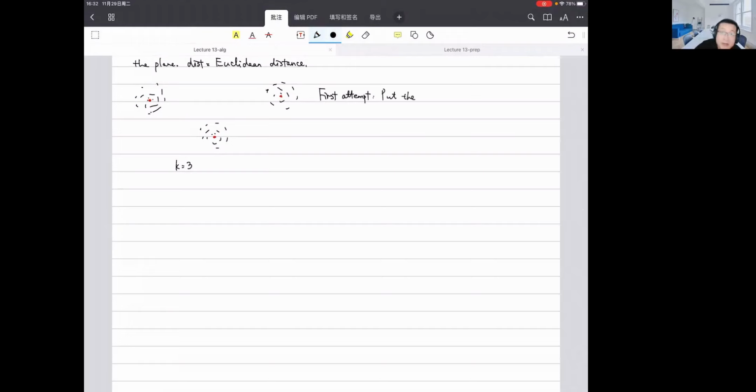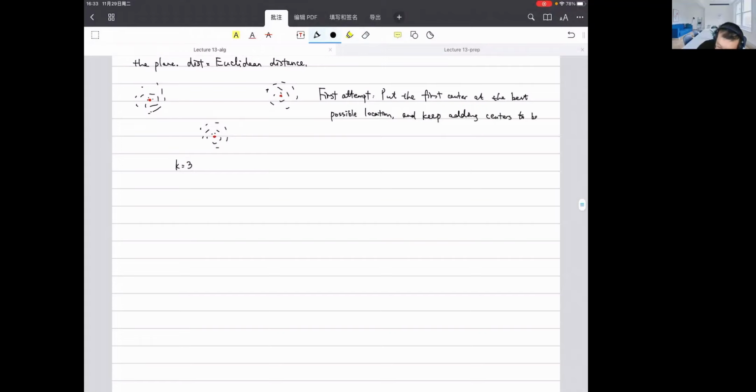We put the first center at the best possible location, and we just keep adding centers to best reduce the covering radius.